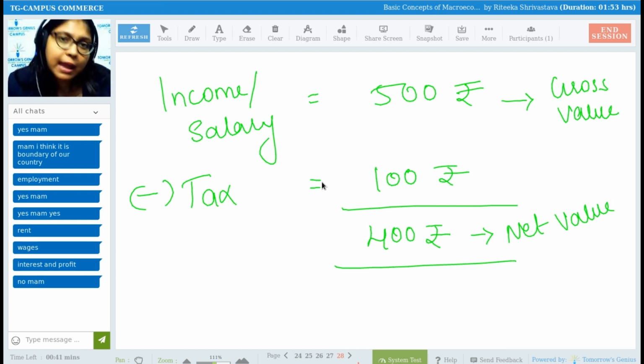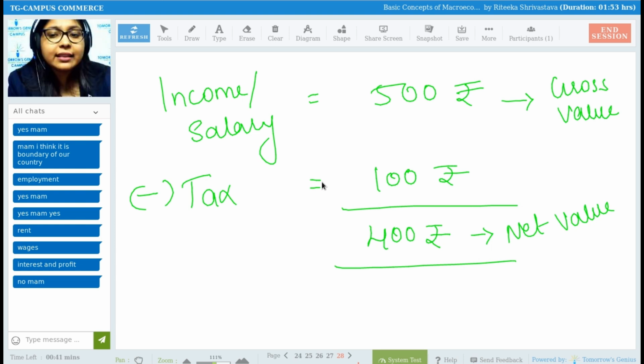Whereas gross value, I am assuming you have already understood the concept from your accountancy subject, so I should not have gone into so much detail, but still I will explain. The actual money which you have in your hands is the gross value, the gross amount. After doing all the deductions from that amount, like tax as an example we took, there are so many deductions which are done from the salary.